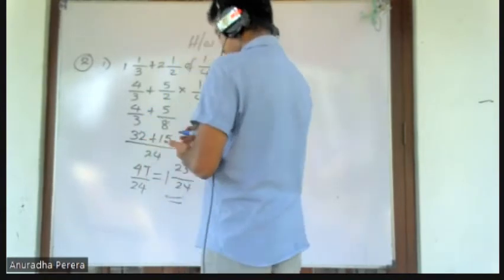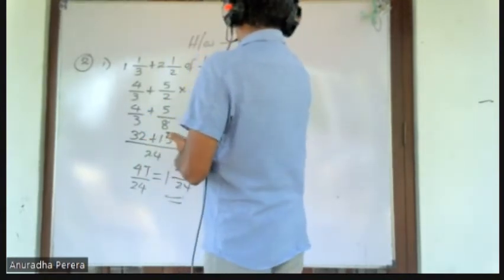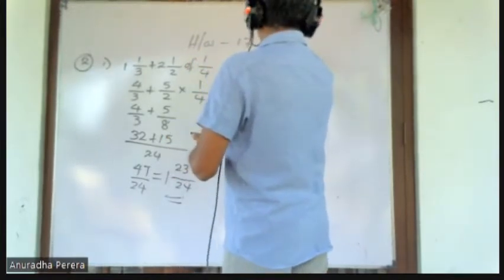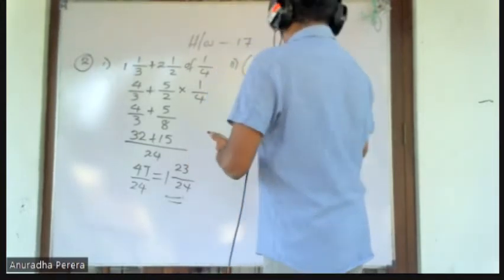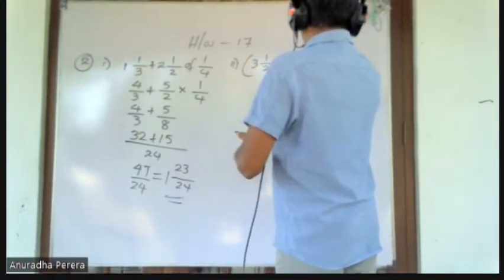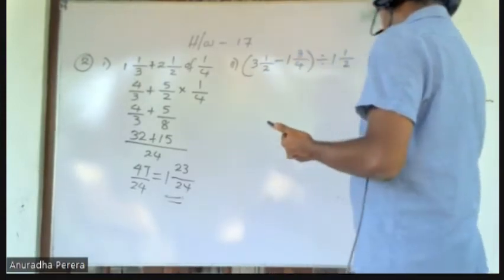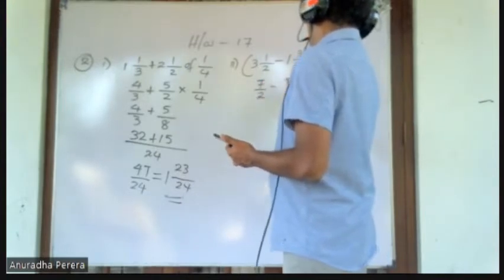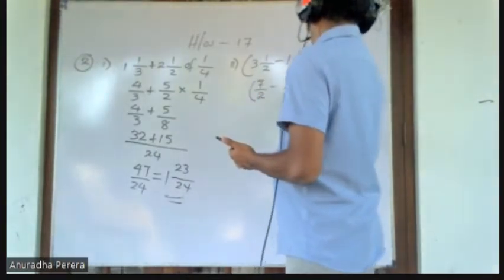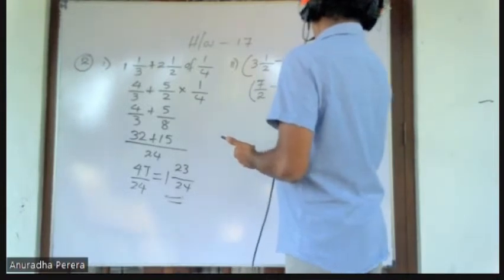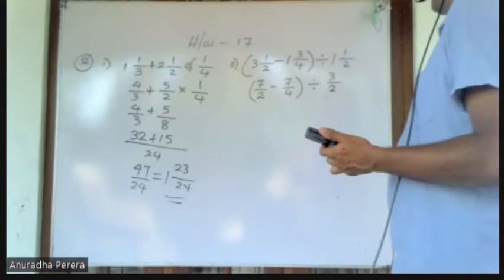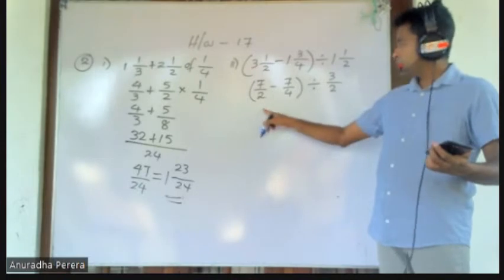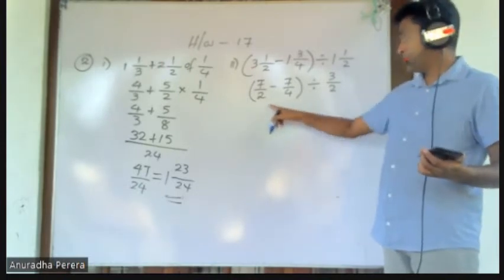Second question. 3 1/2 minus 1 3/4, divided by 1/2. In accordance with BODMAS, simplify operations, apply the operations inside the bracket.